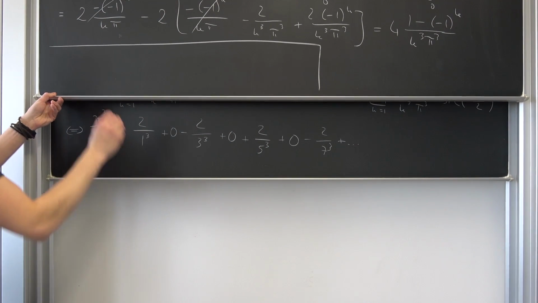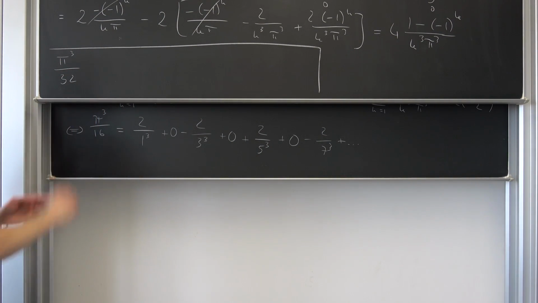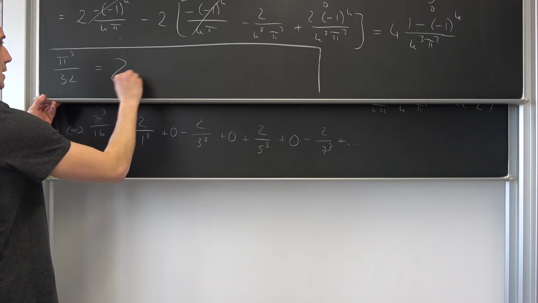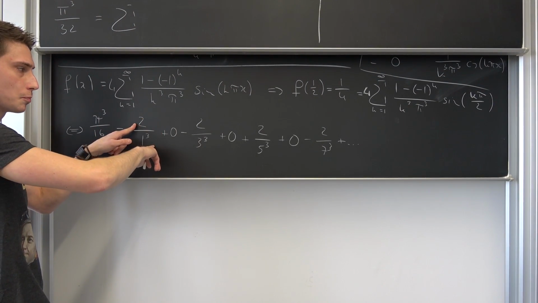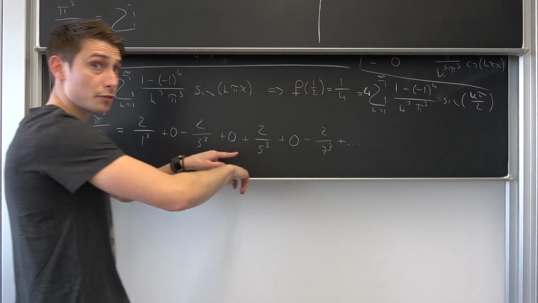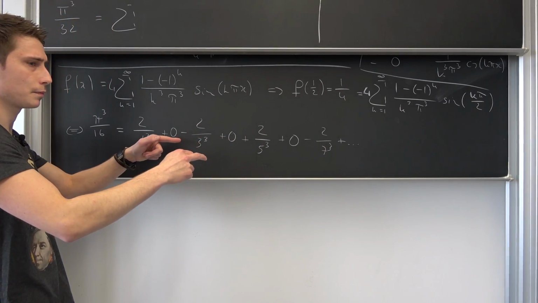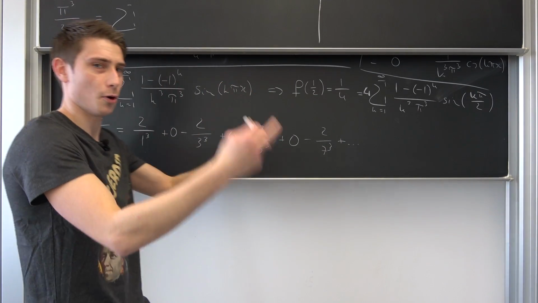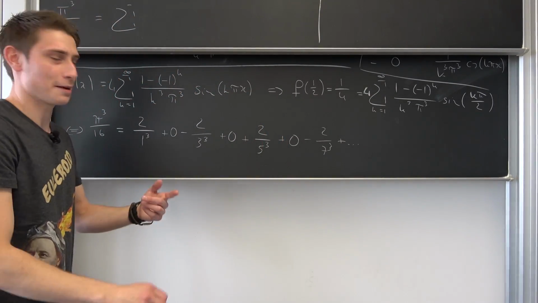And we get that pi to the third power over 32 is nothing but a sum running from, okay, you see we have 1 over 1 cubed, negative 1 over 3 cubed, positive 1 over 5 cubed. Oh goodness, I'm terribly sorry.